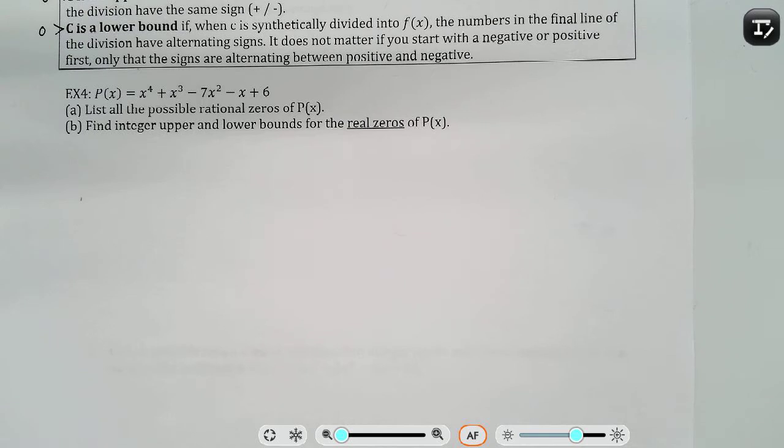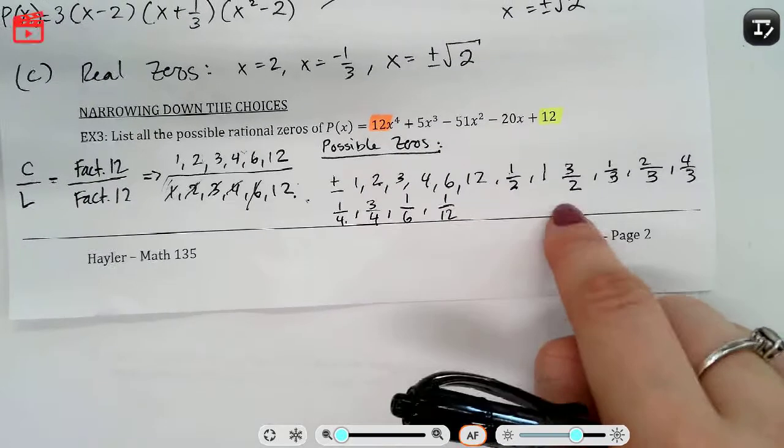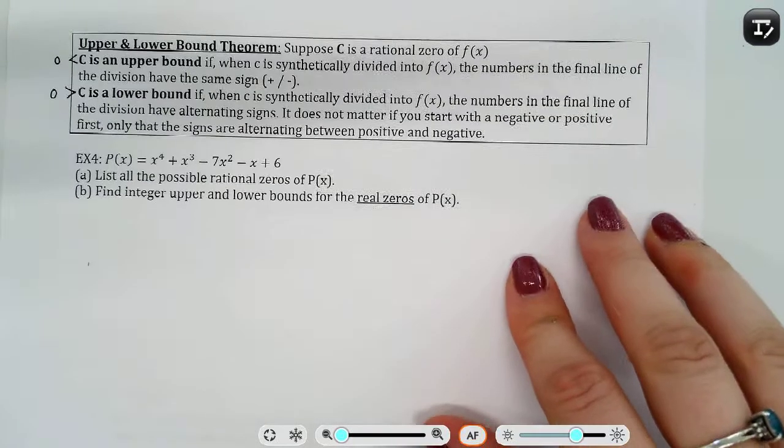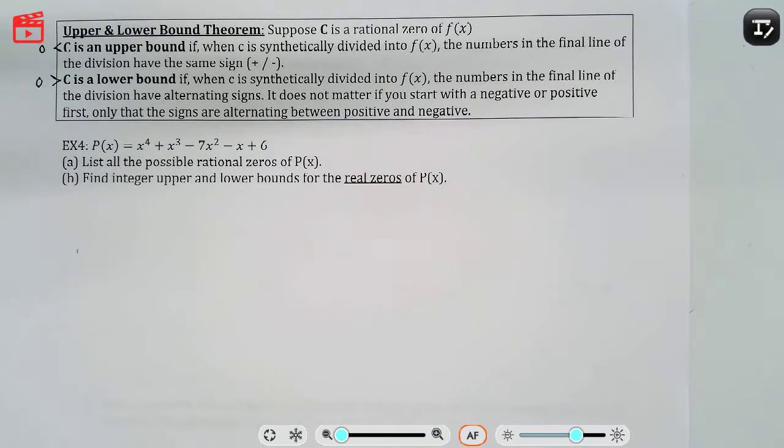So this is going to be a way of not having to check every single possible 0, because as you noticed in our last example, you can end up with a bajillion possible zeros. So what we're going to do is see if we can find an upper bound and a lower bound. How does that work?